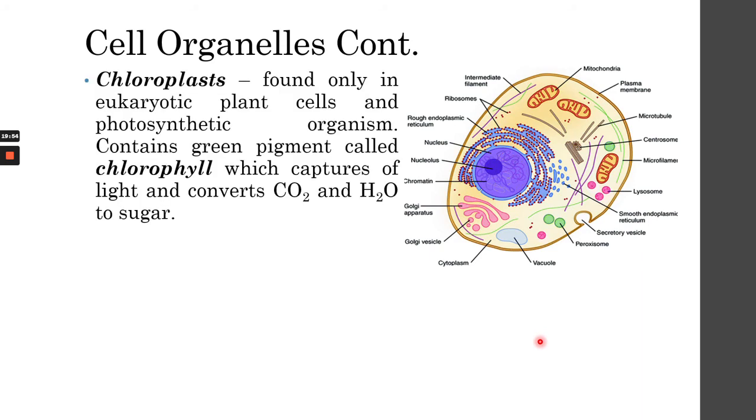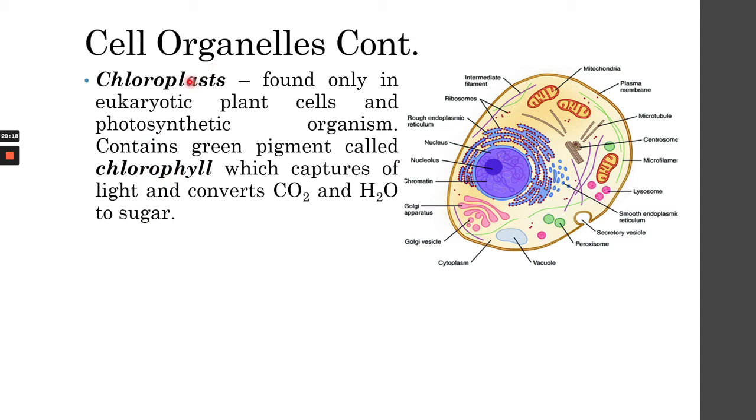Next, chloroplasts. So chloroplasts only exist in plants. This is important because it has the chlorophyll, which is a green pigment, which is responsible for capturing the light from the sunlight and converts that light into carbon dioxide, water, and sugar.